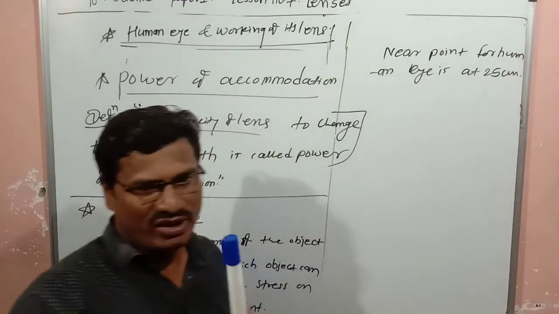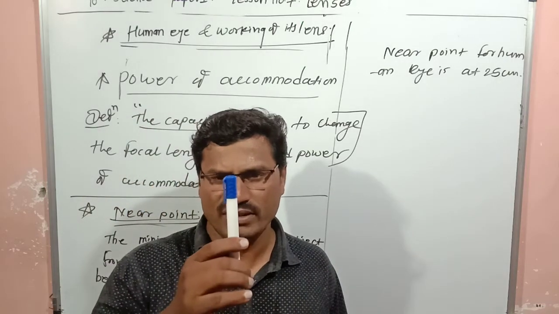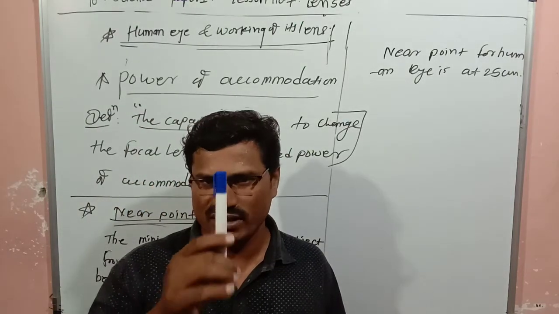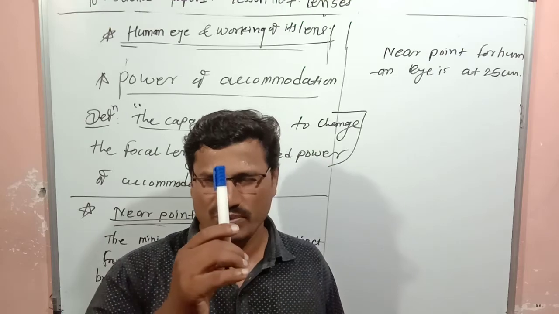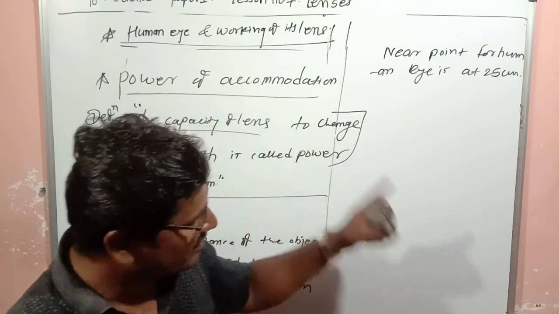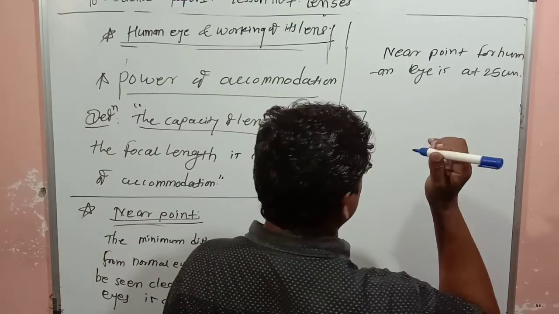That means you can read a textbook at 25 centimeters, and if the distance decreases then you cannot see clearly. The minimum distance at which you can see the object clearly is the near point.